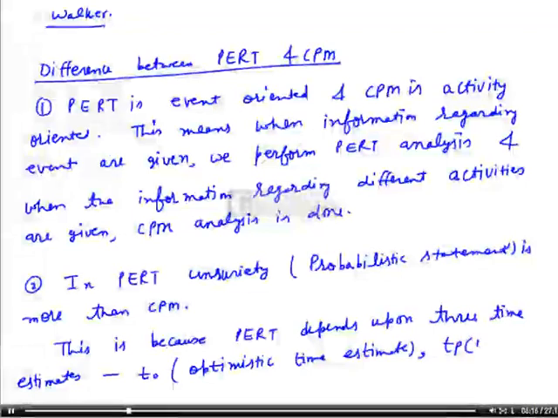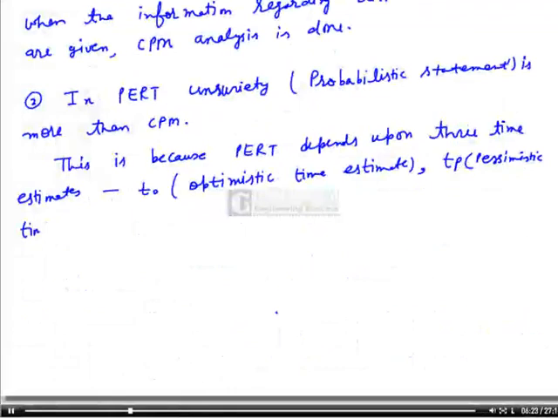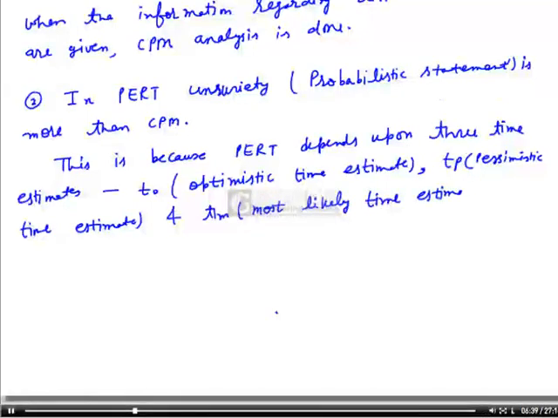TP, pessimistic time estimate, and TM, most likely time estimate.